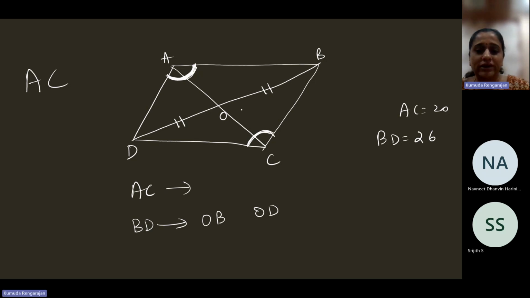If this is 120, this also is going to be 120, but it will not be 60-60. The angle is not bisected.